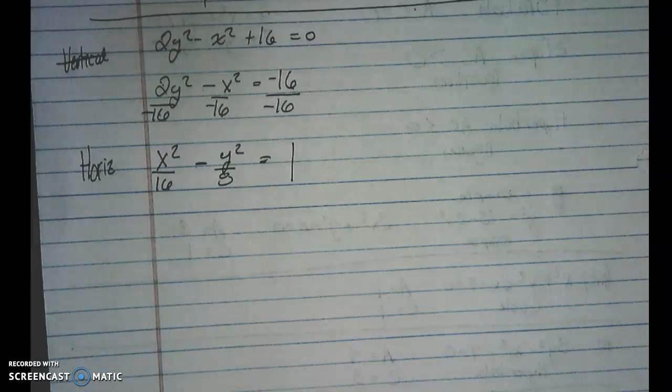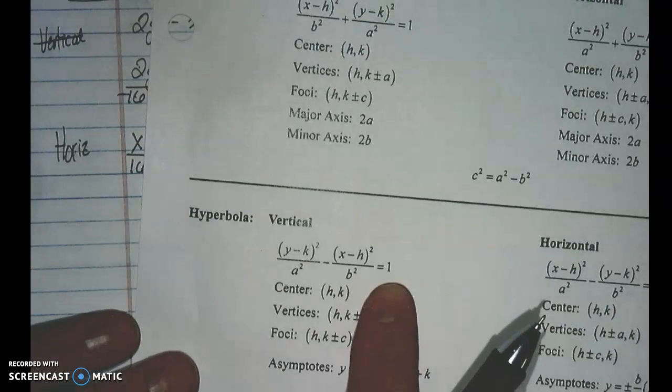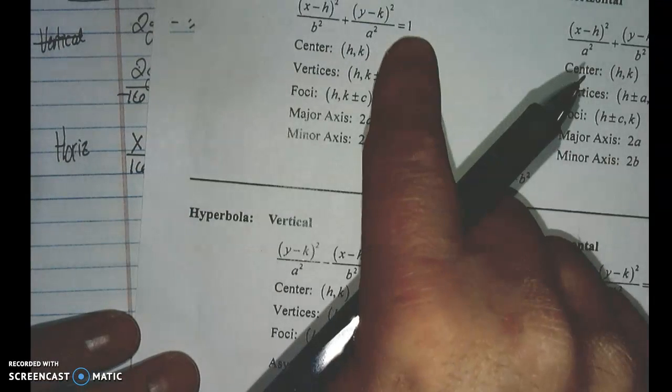You guys with me so far? Okay. What was that? It's still a hyperbola, because the hyperbola is equal to 1, and the ellipse is also equal to 1.